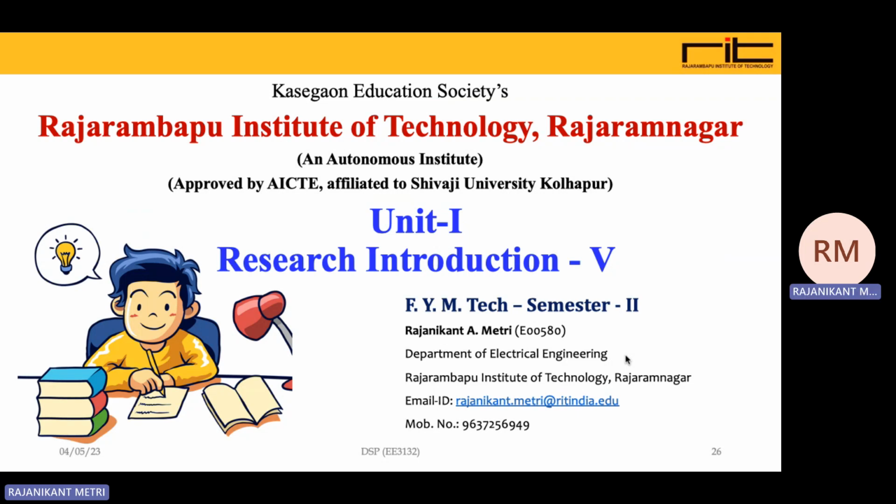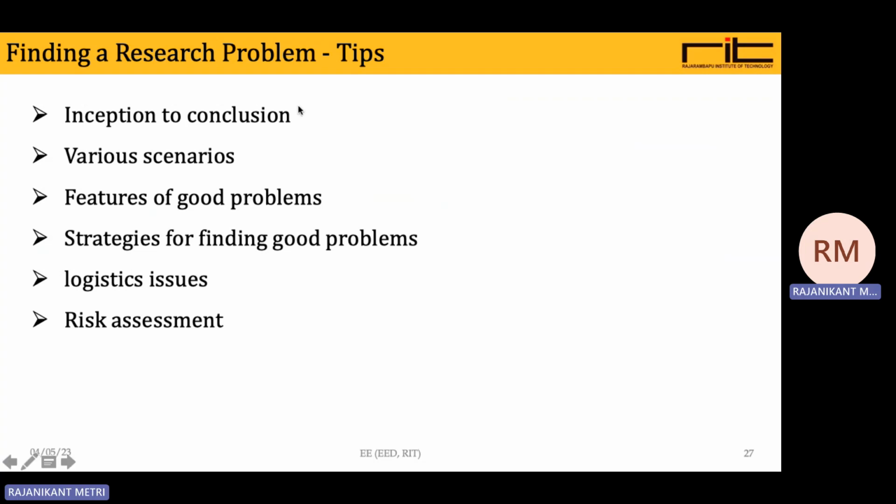In this session, we are going to discuss finding a research problem, or tips for researchers. Here, we are going to discuss six major points. First one is inception to conclusion, then various scenarios depending on what kind of researcher and where he is.